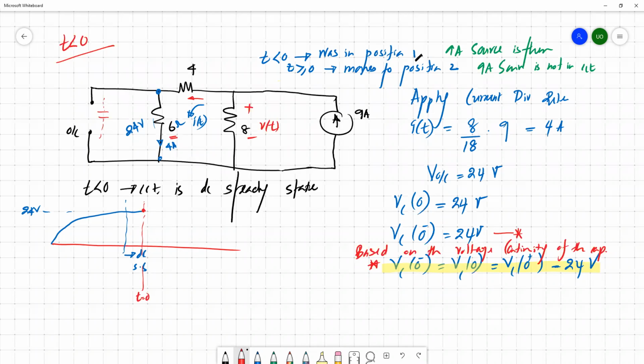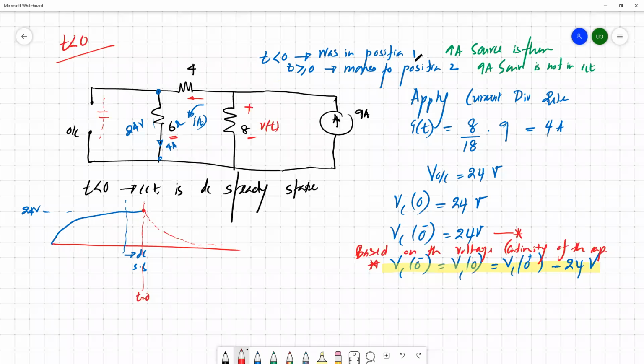Now this circuit acts as a circuit where we don't have external sources. The circuit is self-powered, and this self-powering comes from the stored energy of the capacitor. From that onwards, we can see a kind of discharging process through the resistors.